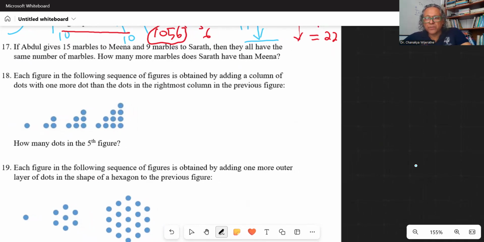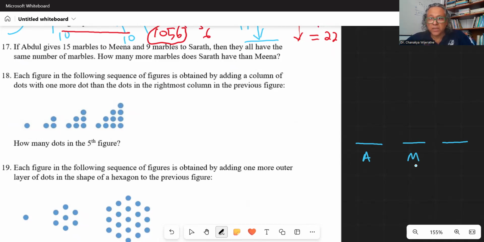So let's draw a diagram to show that they have the same number of marbles. So 3 horizontal line segments. And this is Abdul before he had this thought of donating marbles, and Meena. No, this is after the donation, right?